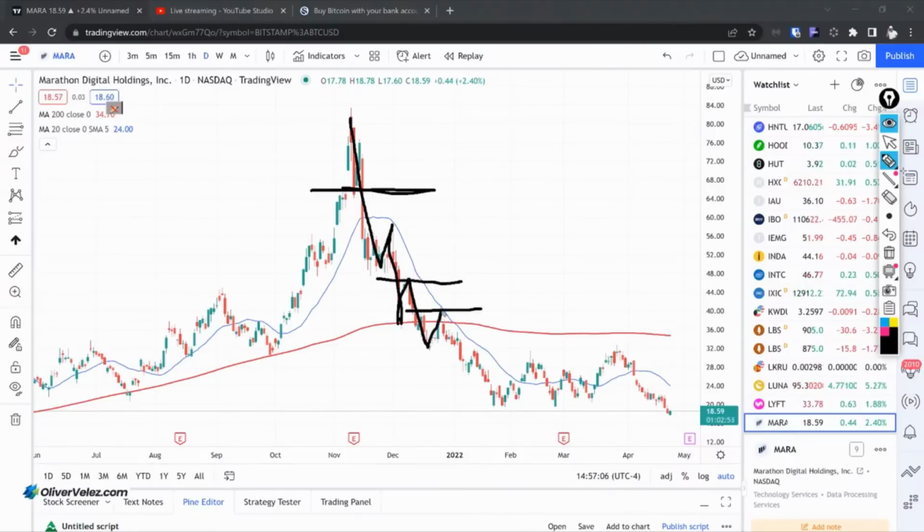We bounce up to the halfway mark and we drop. Now, let's take the halfway mark here. We bounce up to the halfway mark and we drop. You see? Now, let's take this. You see this drop? Now, where's the halfway mark there? But this breaks it. So now, that's your potential bottom. See? The first time the halfway mark was broken, we haven't really seen any significant lower pricing.